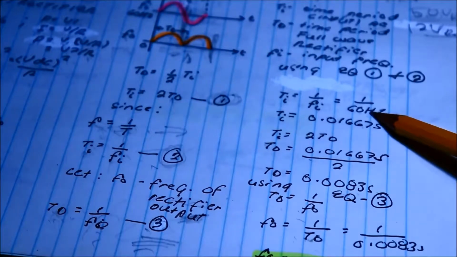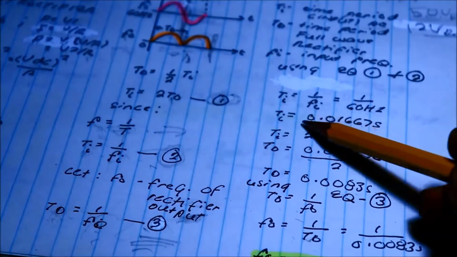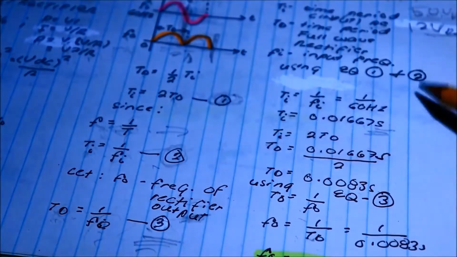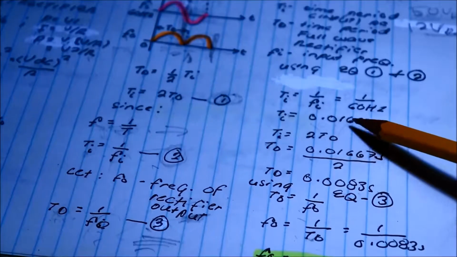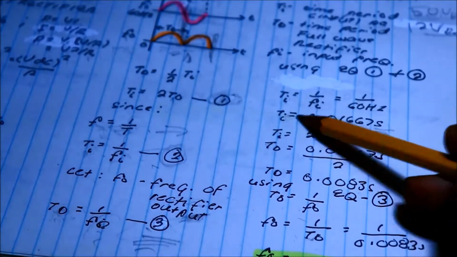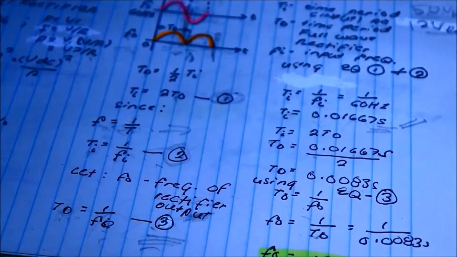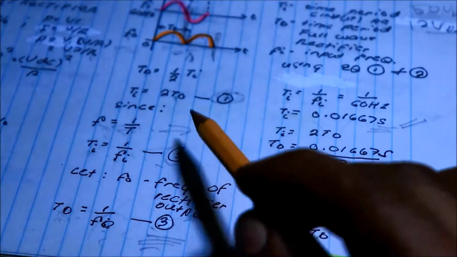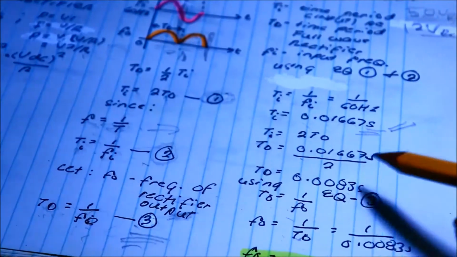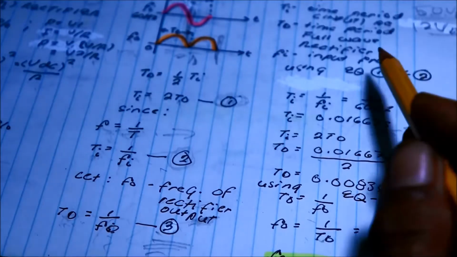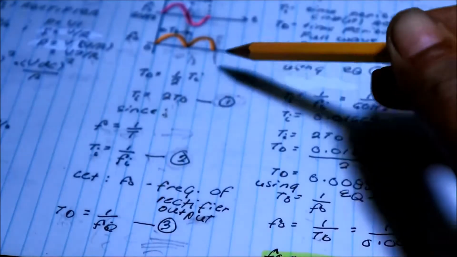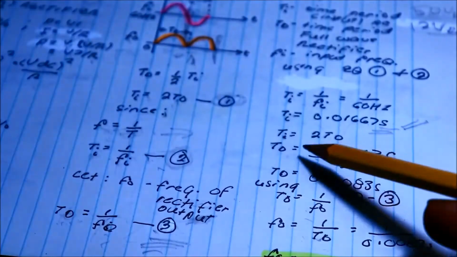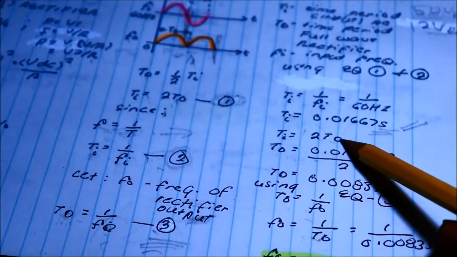One over 60 Hz gives the period in seconds, 0.01667. That is now the Ti. Now we use equation 1 from the analysis of the graph: Ti is equal to twice To.